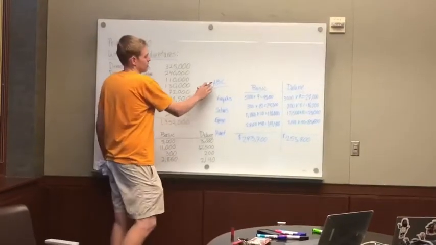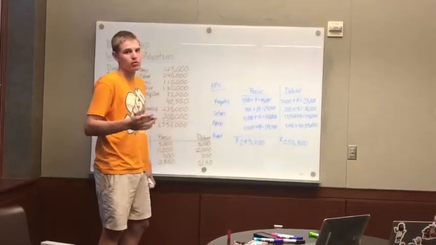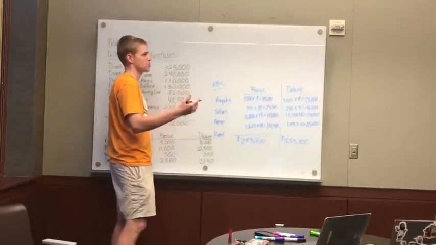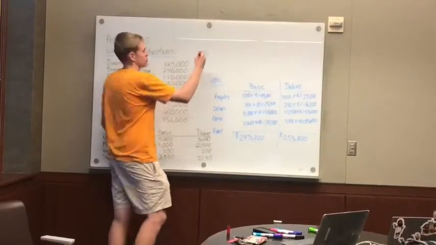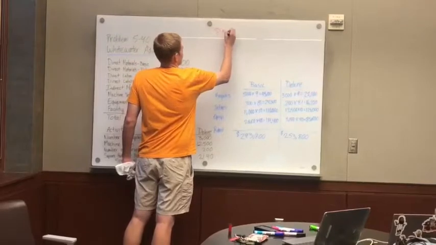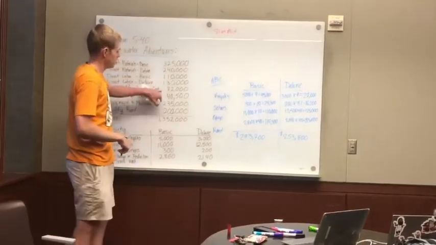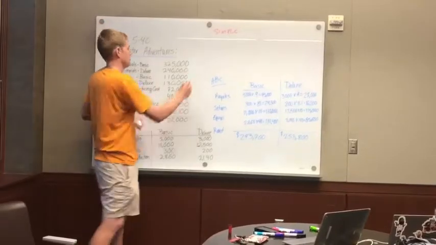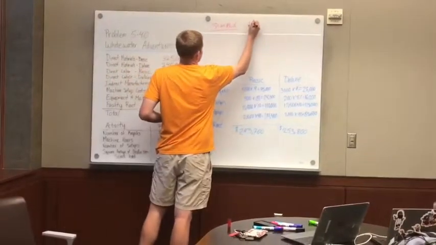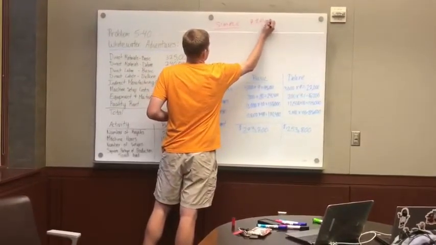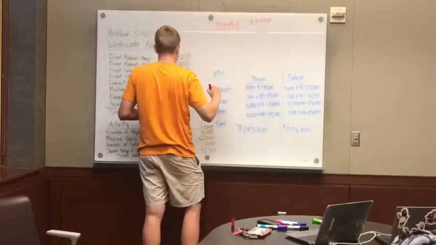So Kayla did activity-based costing for us to allocate our indirect costs. Now I'm going to show you simple costing. What simple costing is going to do is take all of our indirect overhead costs, add them all together, and divvy it out by the number of kayaks.